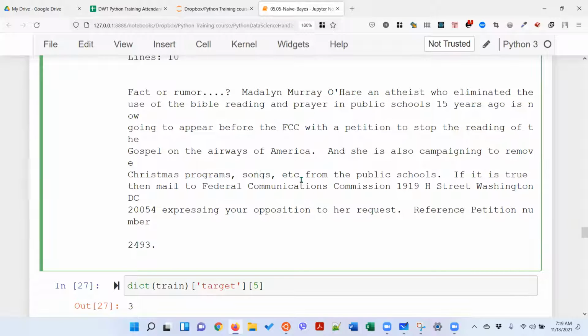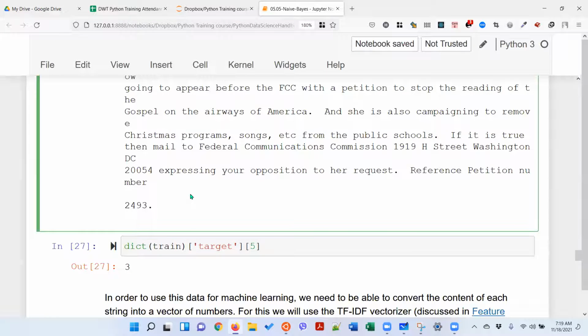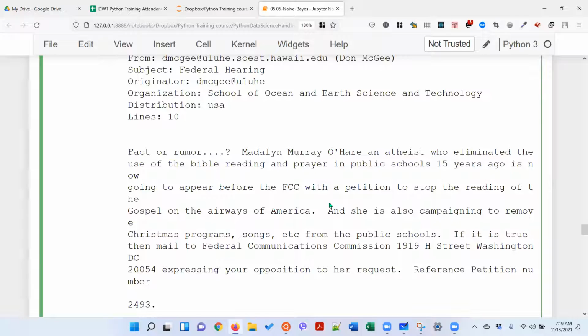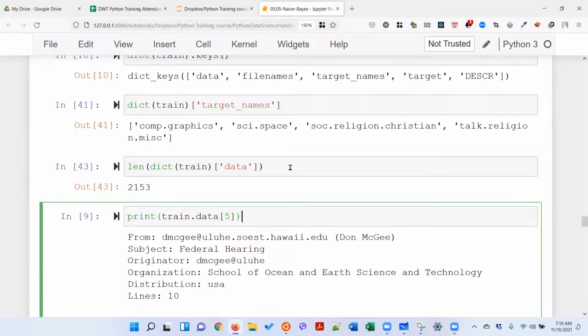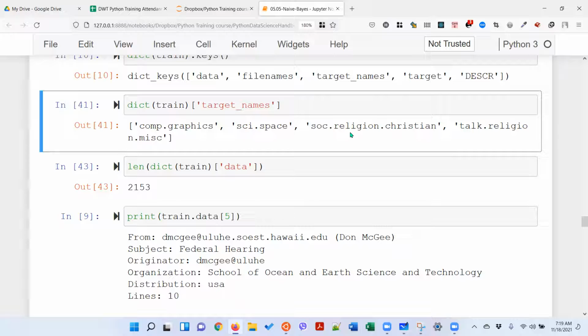So it should be a religion category, of course.